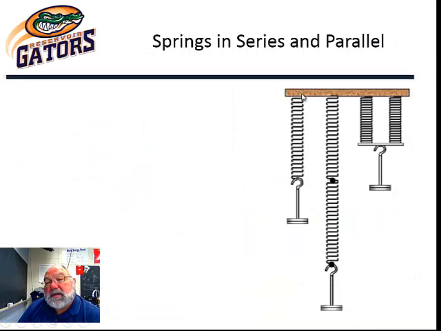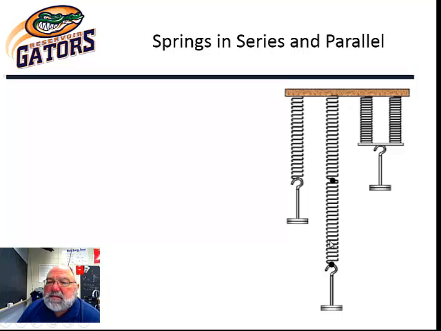Okay, so here's a little bit of a diagram of springs in series, and then this last one here is a spring in parallel. So if we put a weight on one spring, it stretches a certain amount. If we put the same weight on two springs in series, it stretches even further, which means that the spring constant is less.